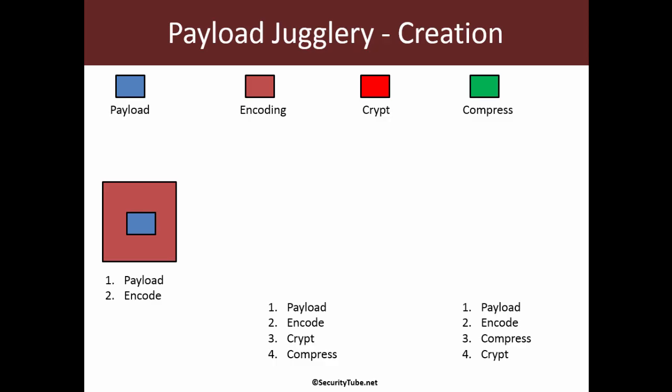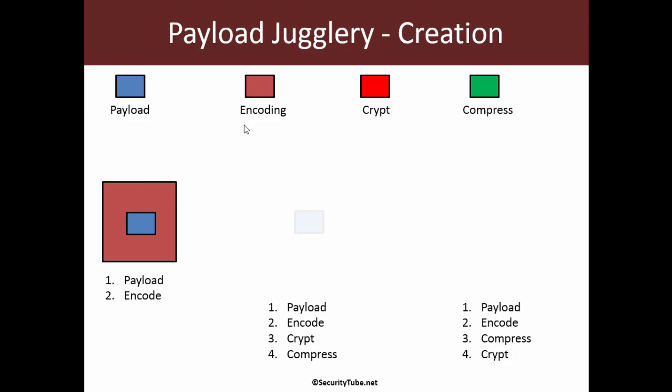And this at times might be able to beat AVs, though, over the long run, I think it might be very difficult just to beat AVs with encoding. Now let me also explain these boxes a bit. Here is the payload, and when we actually have the encoding box around it, what this means is the payload is now encoded, right?